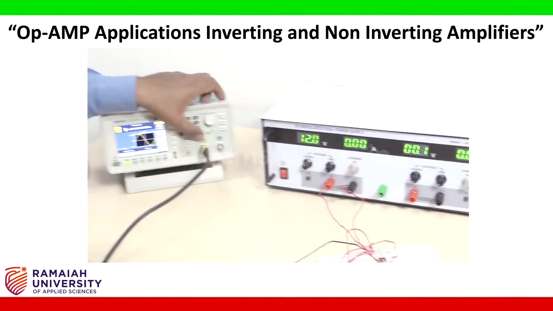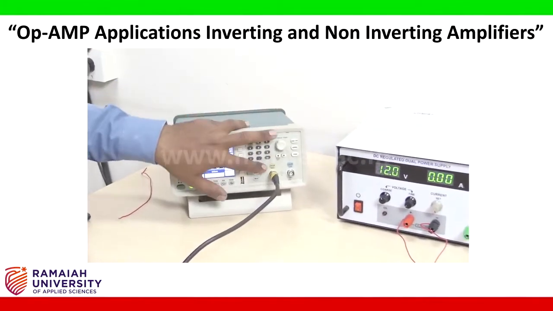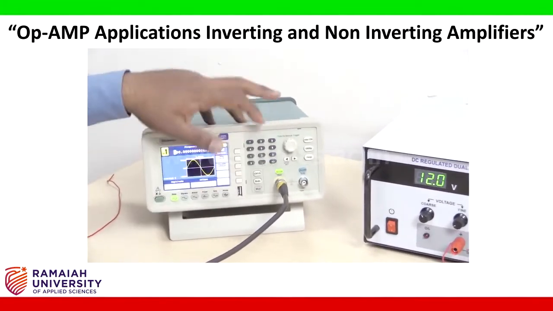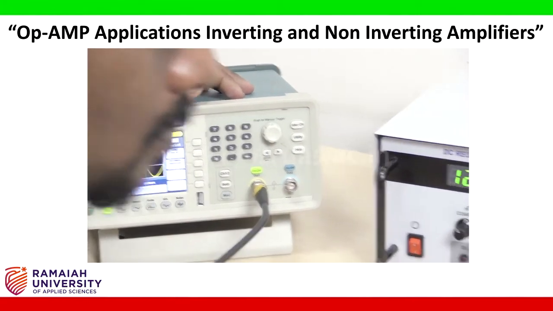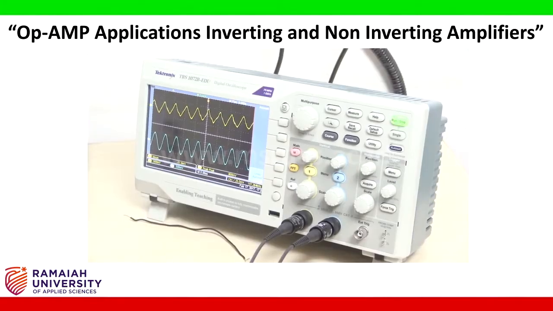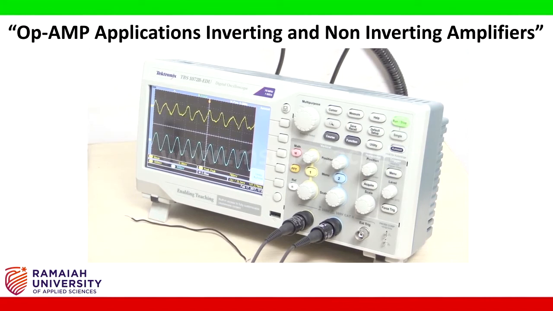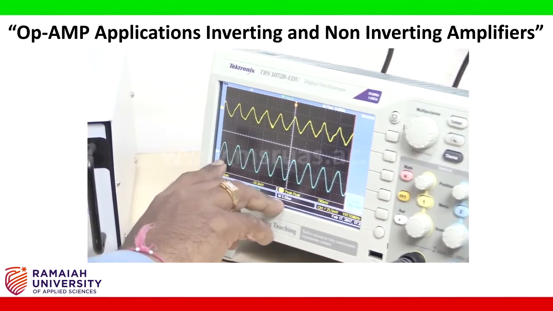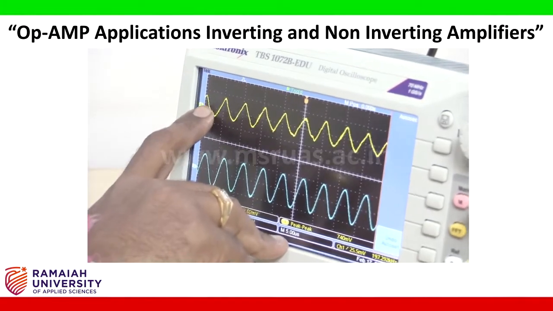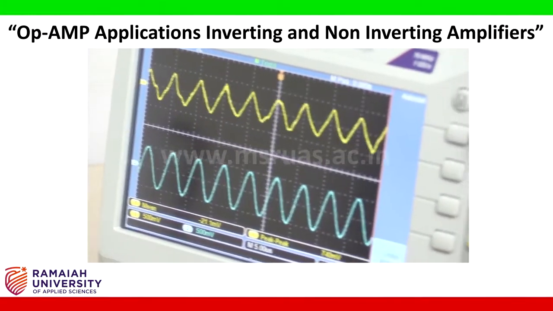Now you switch on your input using this point. This shows the output for the inverting amplifier. Say our input waveform starts with the negative, our output waveform starts with a positive. So you can stop the signal.